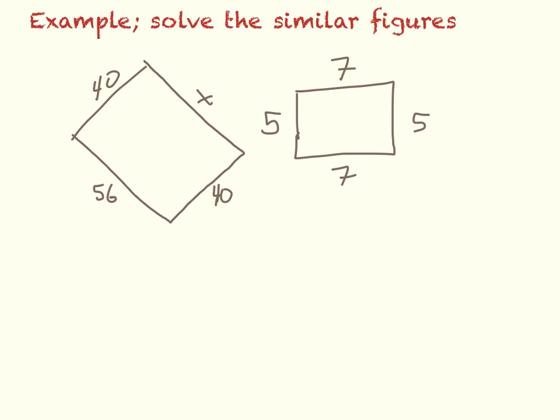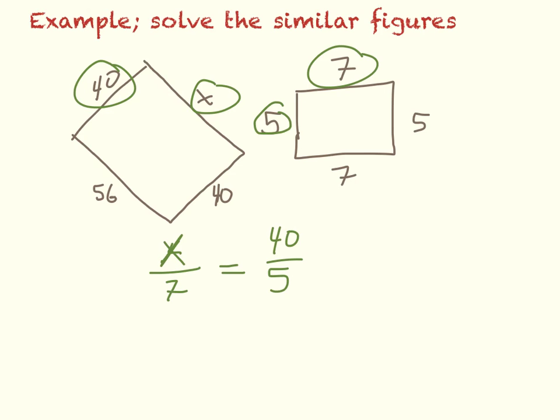And our last example here, we have two rectangles. So I'm going to set up my x. So I have x over my longer side, it looks like that's the longer side, so 7 equals, pick another side, 40 over 5.